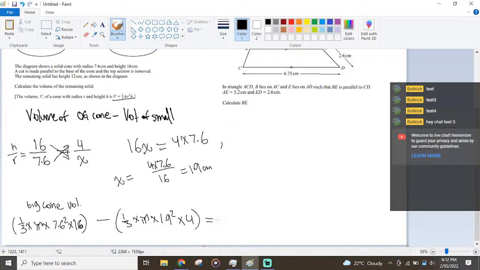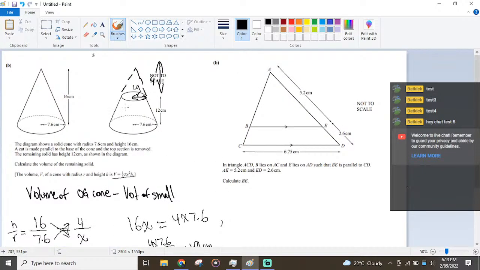The answer is 952.6. They usually ask you for 3 SF, so just round it off to 3 SF. Centimeters cubed. That is the volume of the remaining truncated cone.